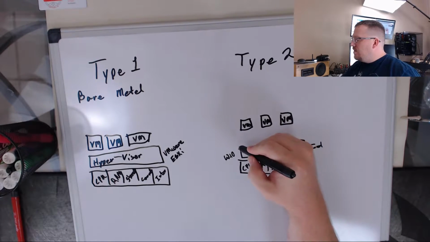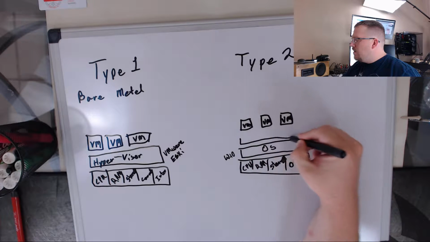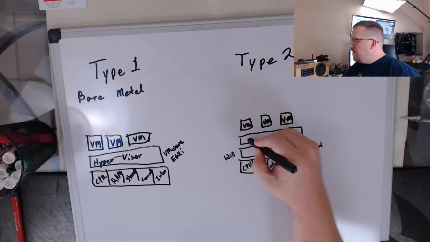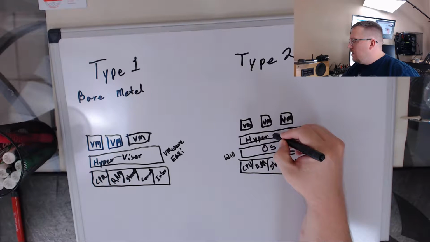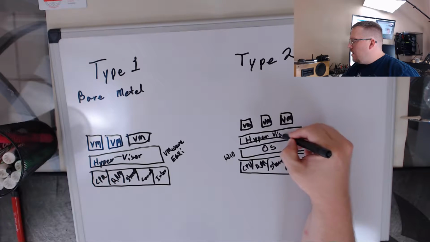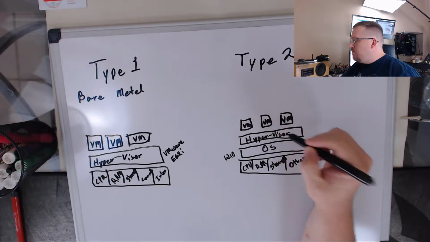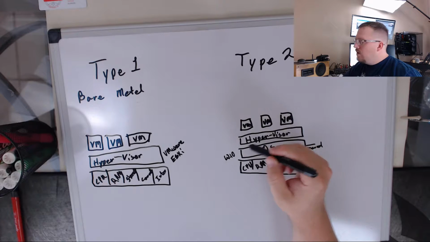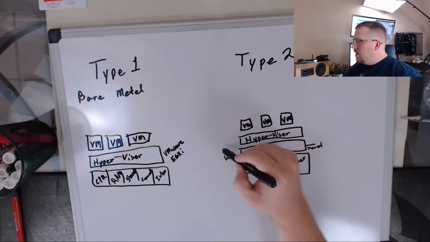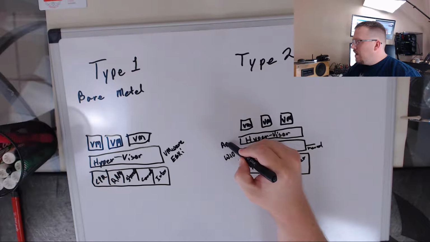And then I'll install a software hypervisor, and that's what I'm going to be discussing today. It's the software version of the hypervisor, or the application version of a hypervisor.